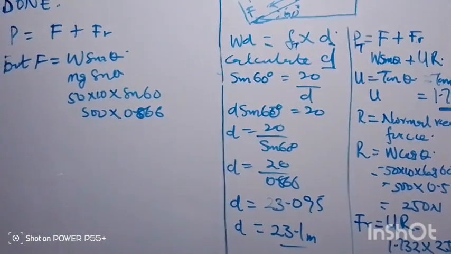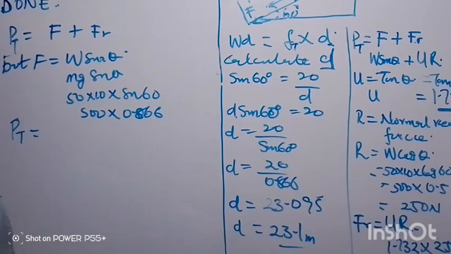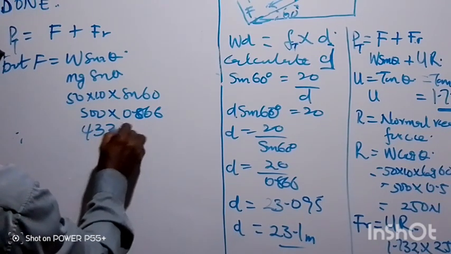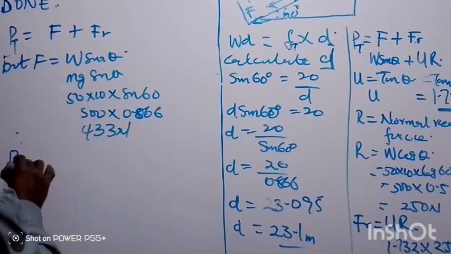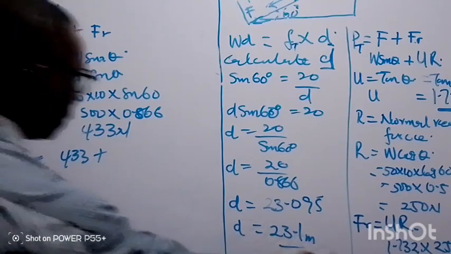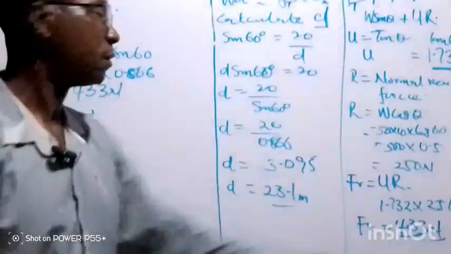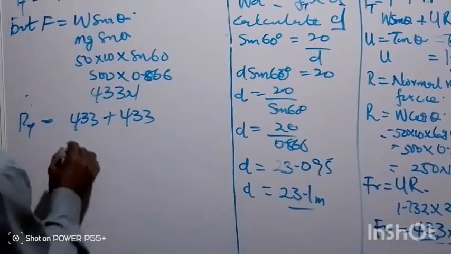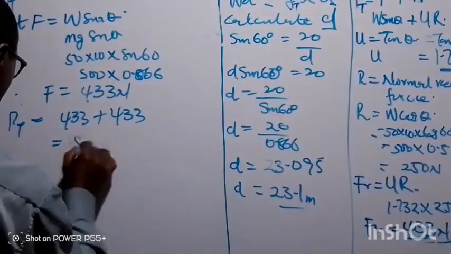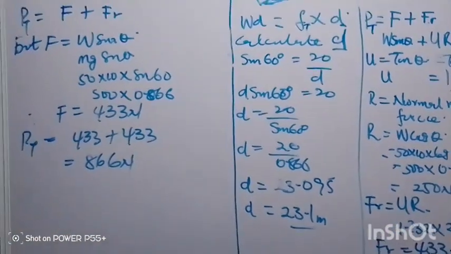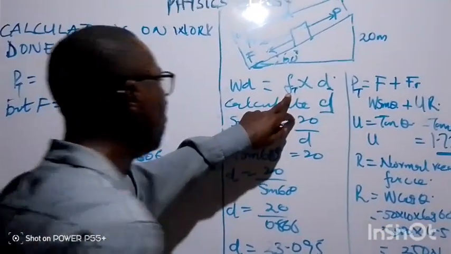Our F will now give us 433 Newtons. Therefore, our total force will be 433 plus the 433 that we arrived at here. Summed together, that will give us 866 Newtons.